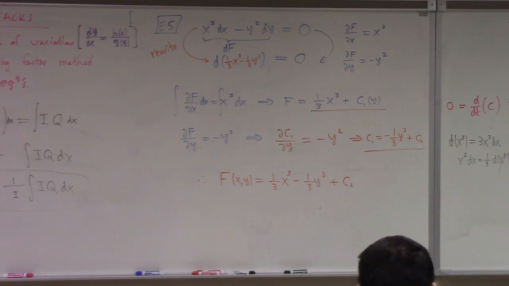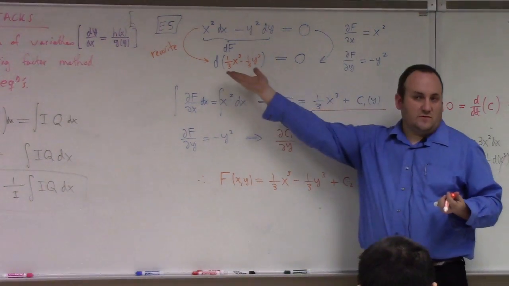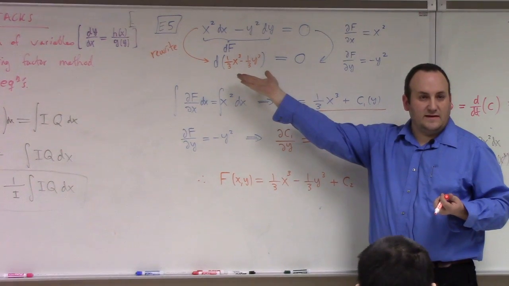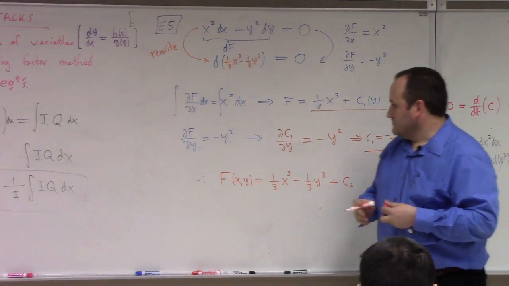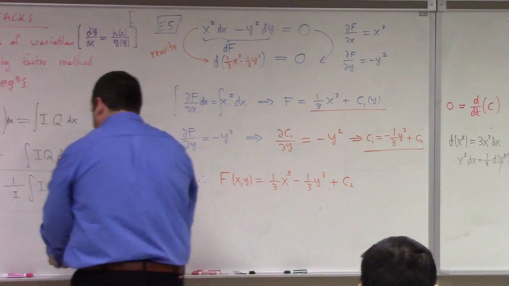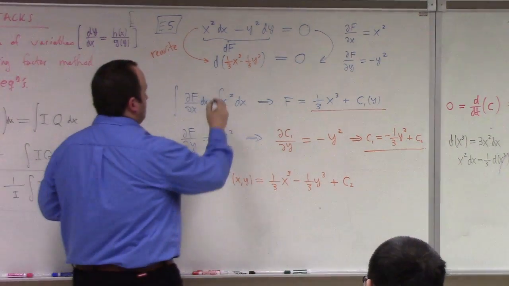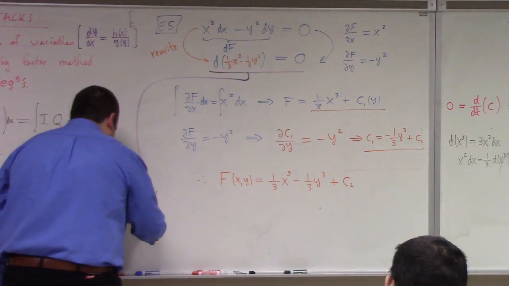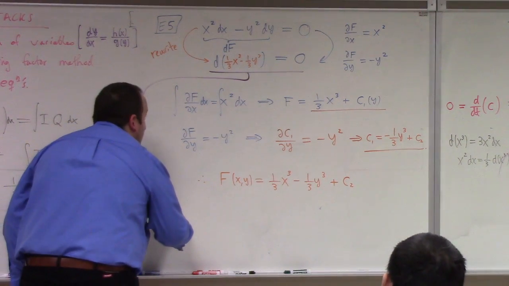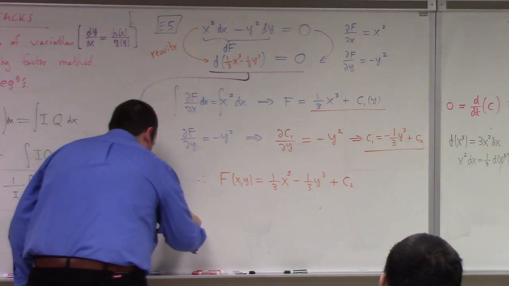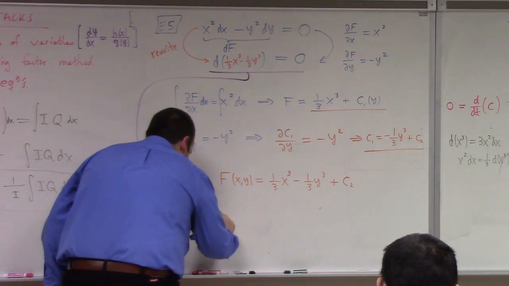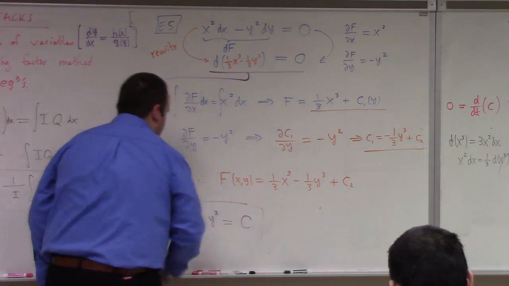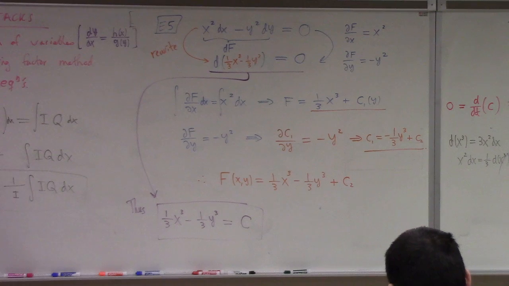So once I can recast the differential equation as a total differential equal to 0, the solution follows immediately as what? So there you go. That's the solution to the differential equation.